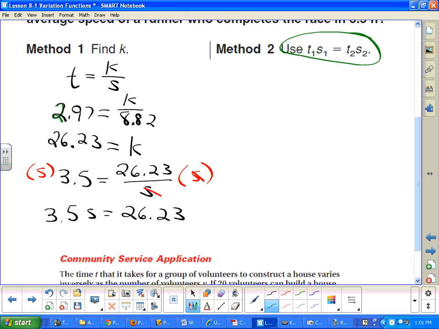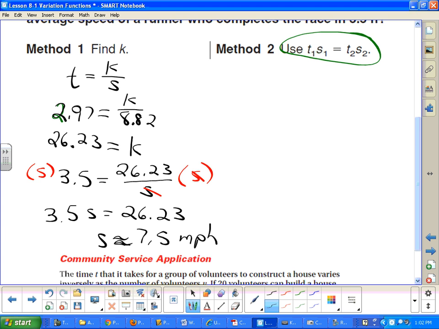Then we just divide by 3.5 to find our speed. And this is going to be an approximate speed, not an exact value. Okay? 7.5 miles per hour. So that's the first method you can use in solving it.